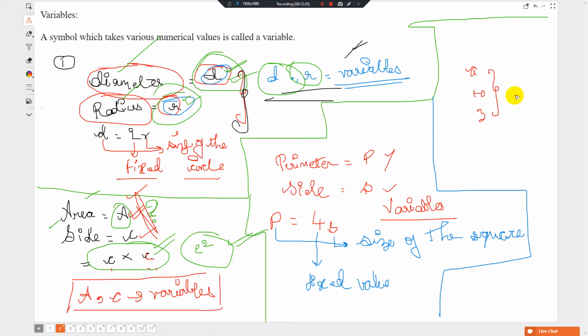Those symbols which have various numerical values are called variables. So we have understood what variables are, right? So let's go for the next topic.